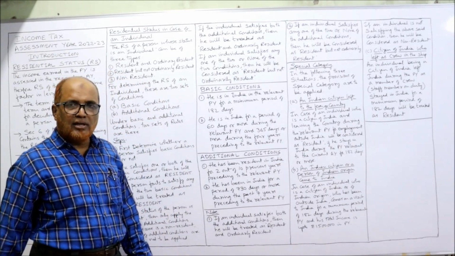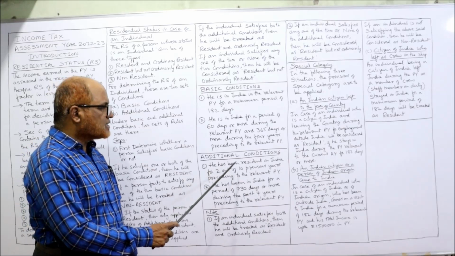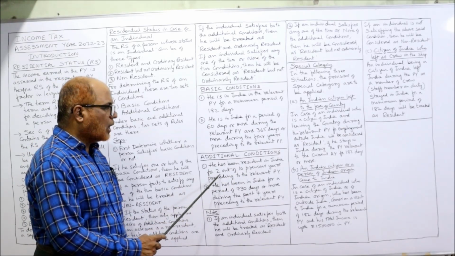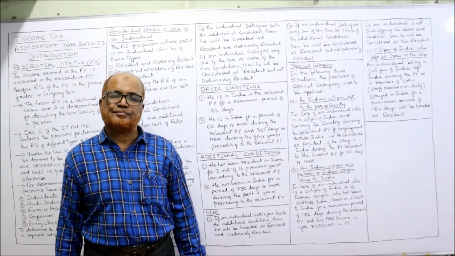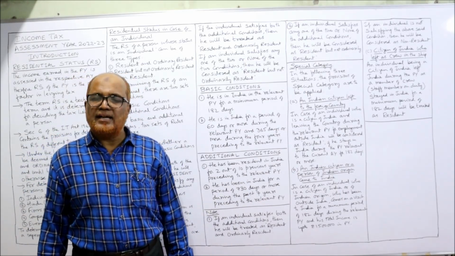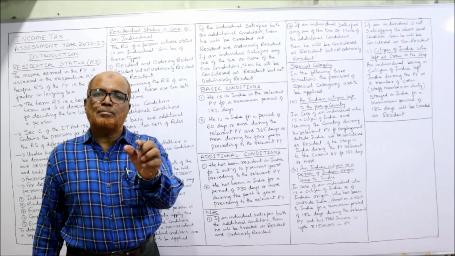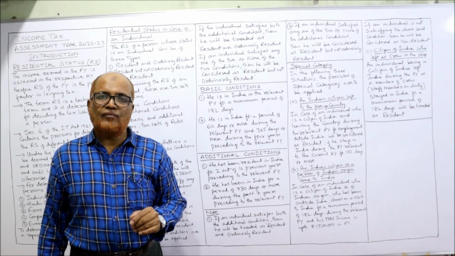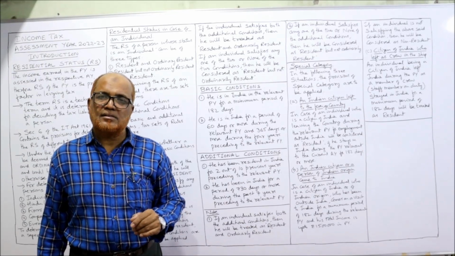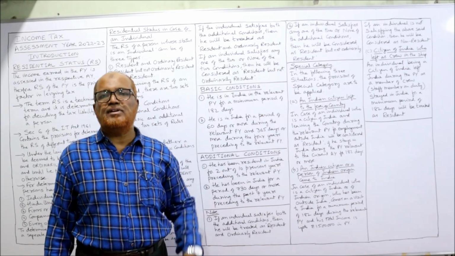Now, additional conditions. The first additional condition says he has been resident in India for 2 out of 10 previous years preceding the relevant previous year. That means the SSC must be resident in at least 2 out of 10 previous years preceding the current previous year.